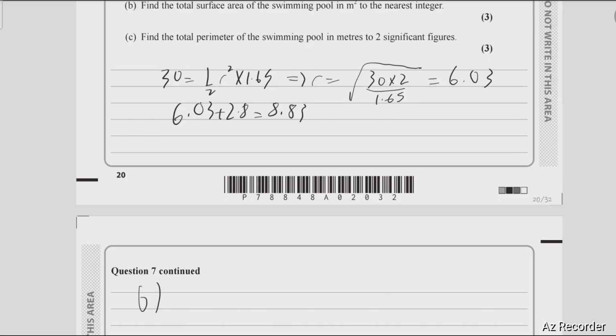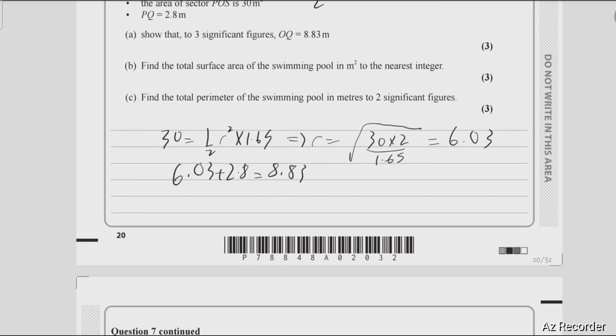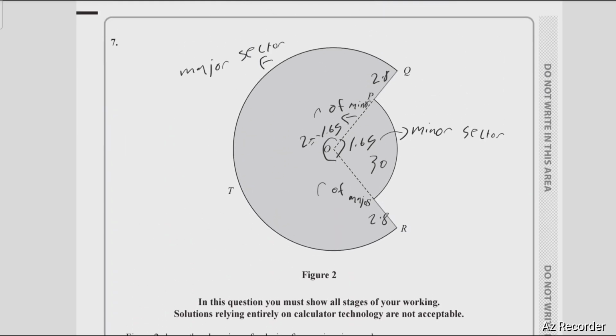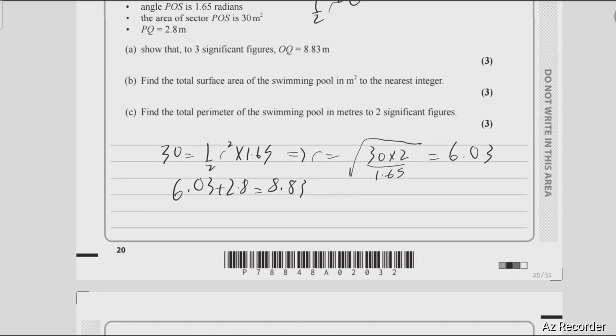B. Find the total surface area of the swimming pool to the nearest integer. Now the total surface area is the area of this minor sector plus the area of the major sector. We already know that the area of the minor sector is 30. Now we just need to know the area of the major sector and add them together.